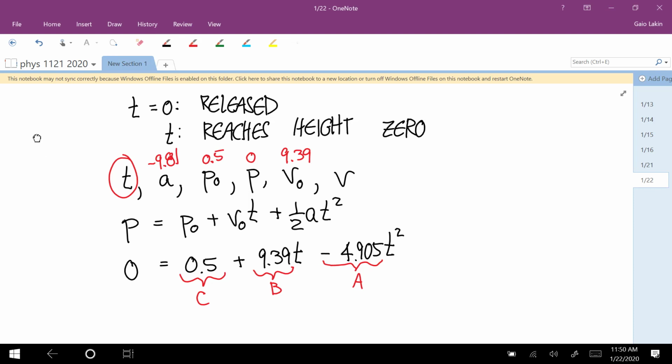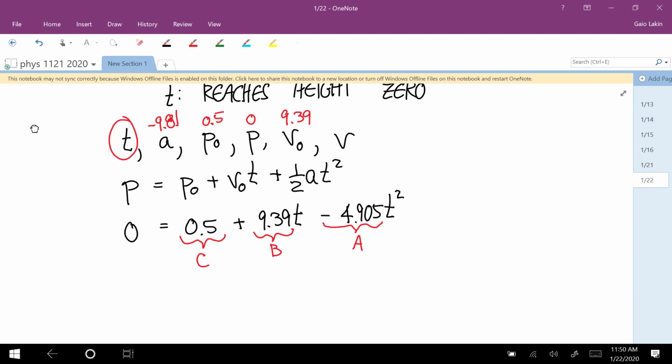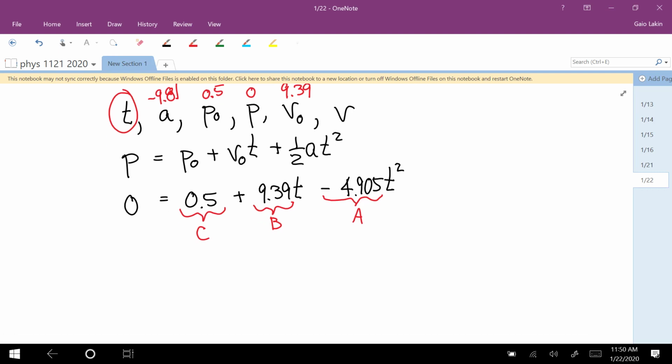What do you get when you take that quadratic? Anyone? No? Well, I don't have it either. You'll get two answers. I think it's plus or minus 9.904 seconds.